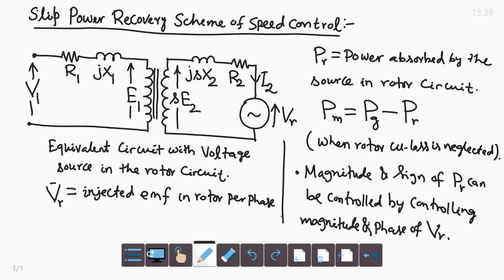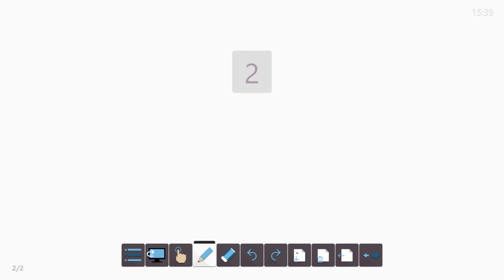Okay. When PR is 0, Pm equals Pg, because we have neglected the rotor copper loss, otherwise Pm is Pg minus rotor copper loss.